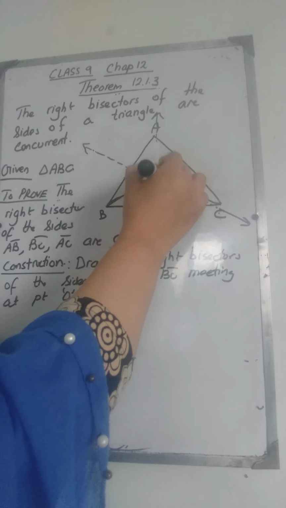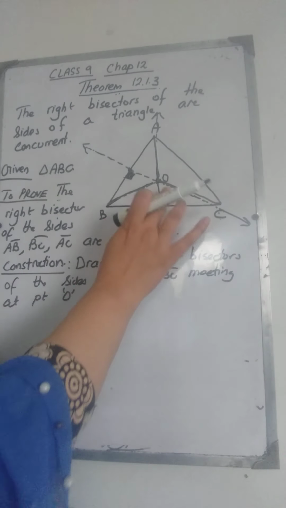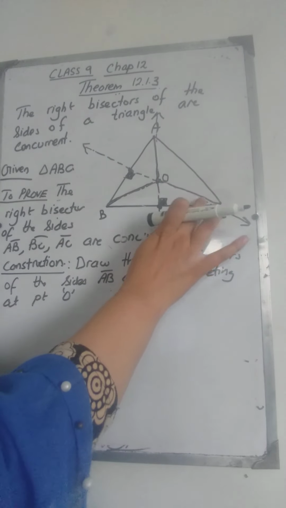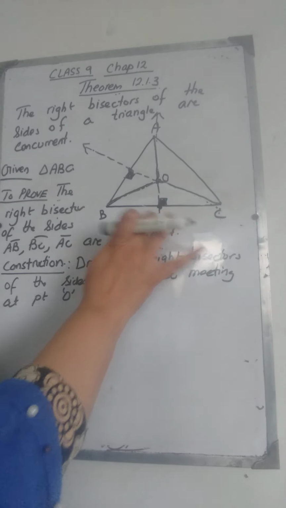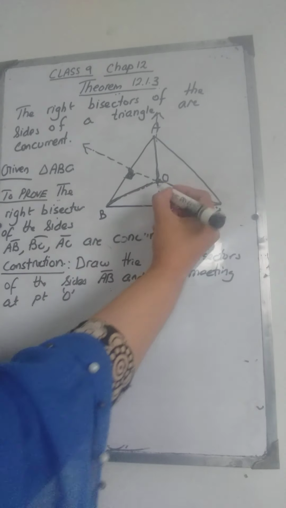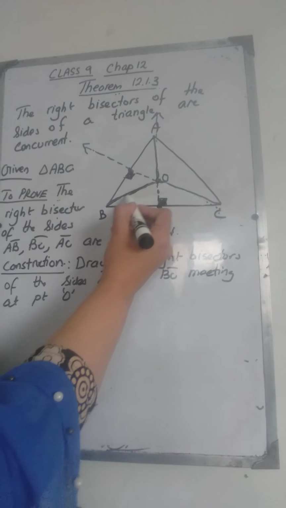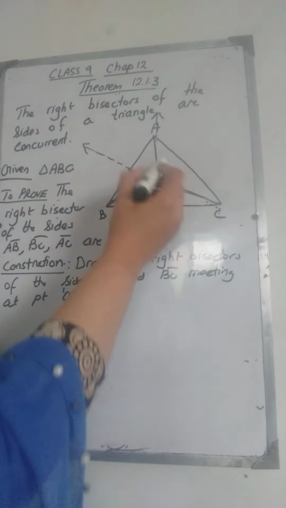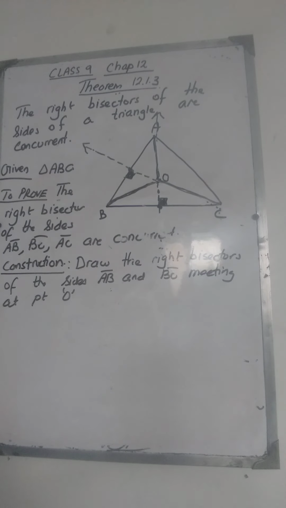Let me erase this. Okay, join with A. These are the joining lines, and let me erase half of this bisector so you don't get confused. The dotted ones are the right bisectors, and the full lines are the joining lines of O with A, B and C. So this is the scenario.